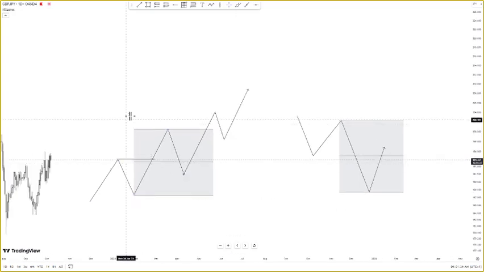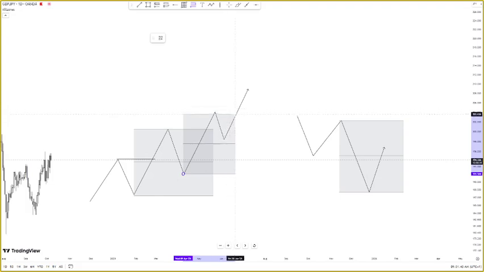Now you see that this one was a complete range, right? Because price came here below 50%, but this one is not a complete range. Now if you measure it with Fibonacci, you see that price did not make it to the 50%, right? Price didn't make it to the 50%.